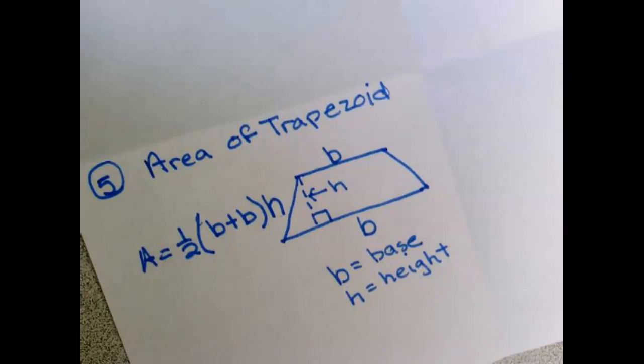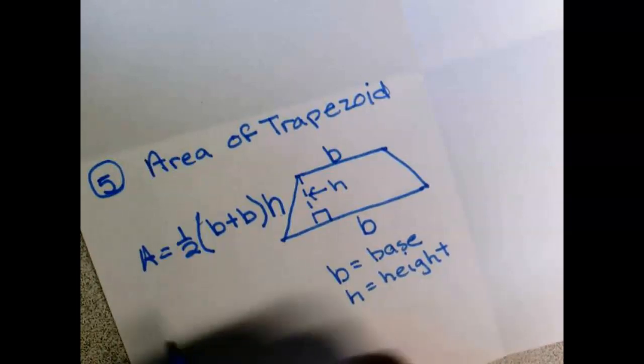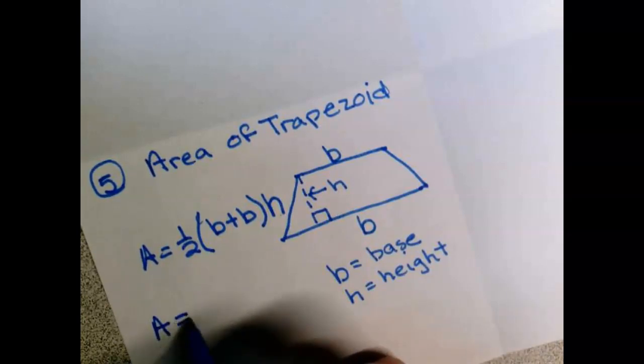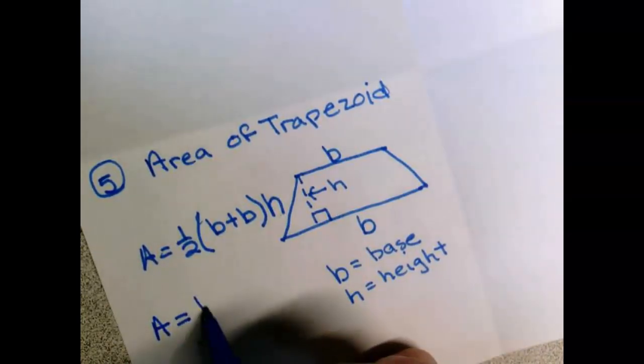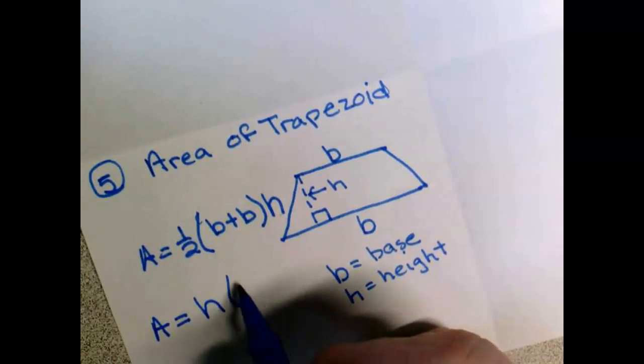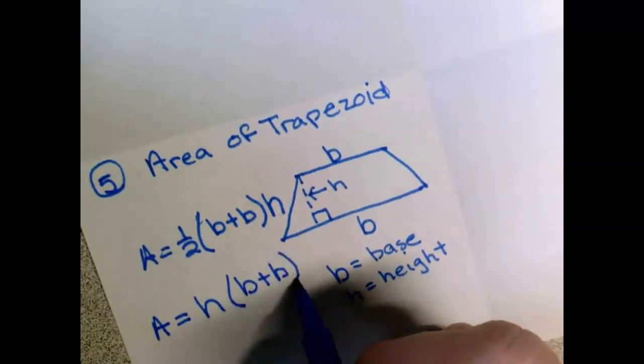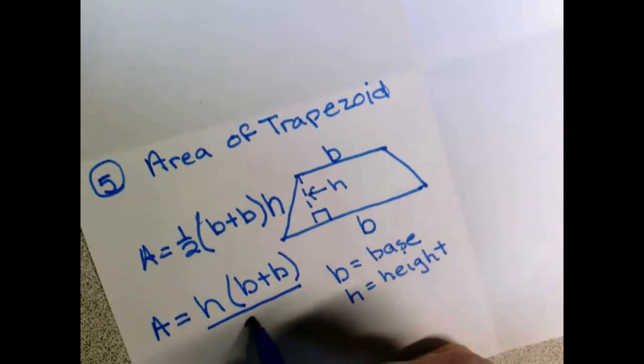Another way to write it, though, that might make more sense is like what we did for the triangle. This is the second way we can write it: the height times the base plus the base, divided by 2.